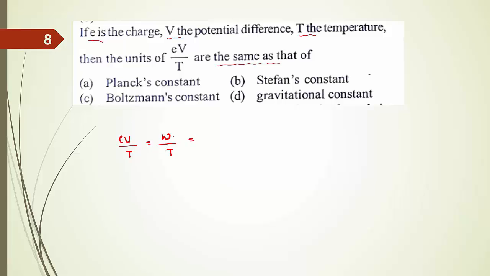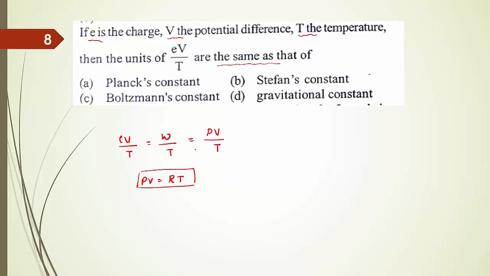So here work done, you can remember isothermal process and adiabatic process in the chapter thermodynamics. There we have the equation W equals PV. We know the equation PV equals nRT, where n is the number of moles. If the number of moles is 1, we have the equation PV equals RT.